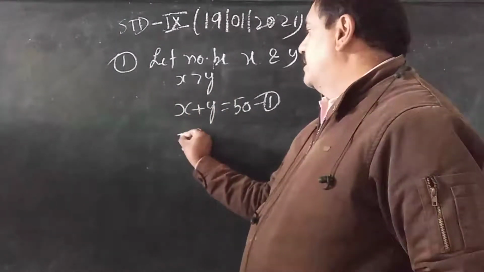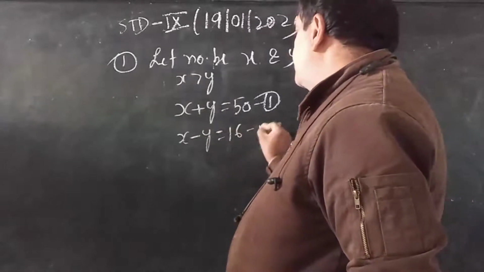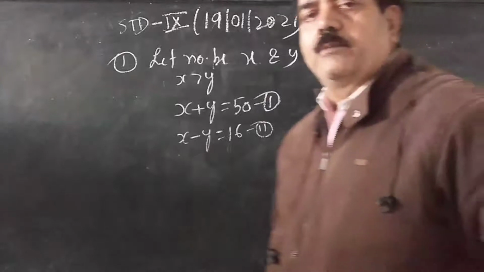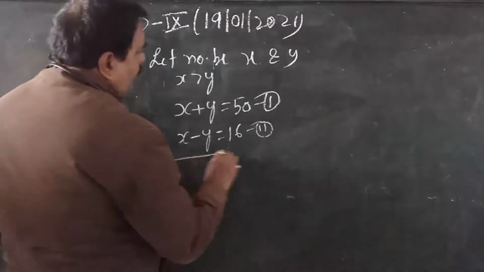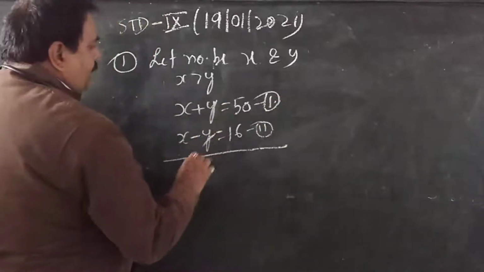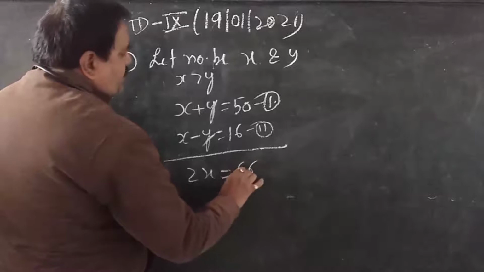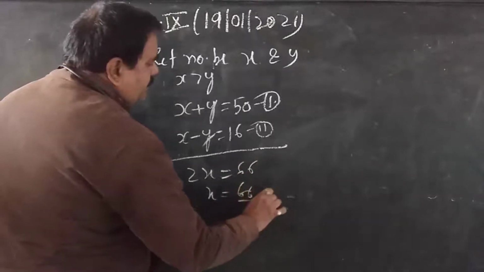Their difference means x minus y is given 60. This is equation second. From these two, we have to solve simultaneously to get the values of x and y. So when we add these two equations, y will be cancelled. 2x is equal to 66. x is equal to 66 by 2, that is 33.